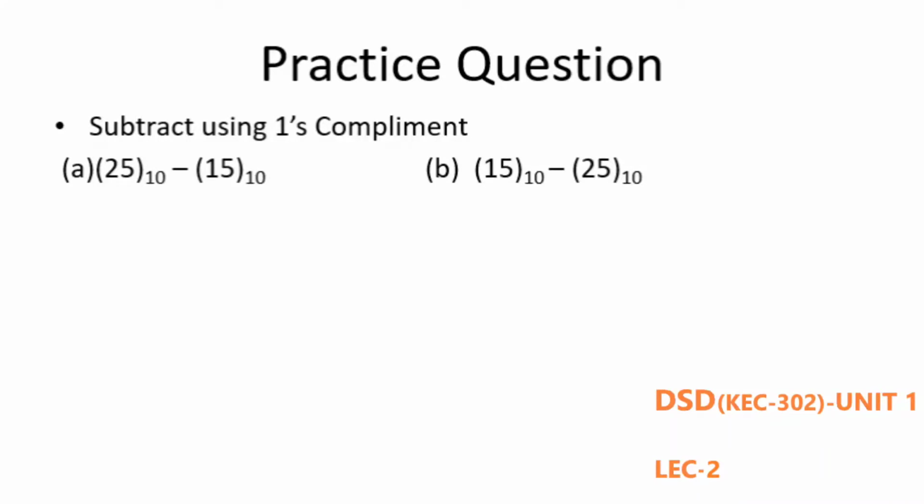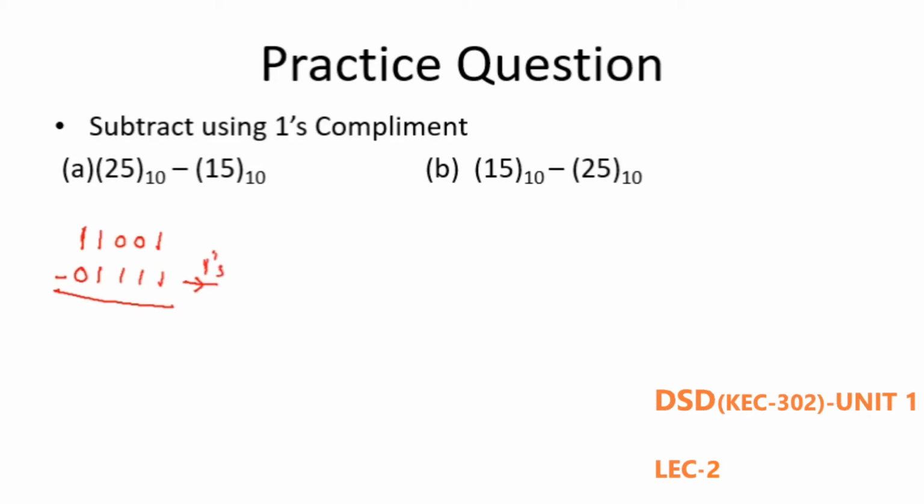So if I need to subtract 15 from 25, this 25 can be written in binary as 1 1 0 0 1, and this 15 can be written as 0 1 1 1 1. To perform this subtraction, this number has to be 1's complemented.